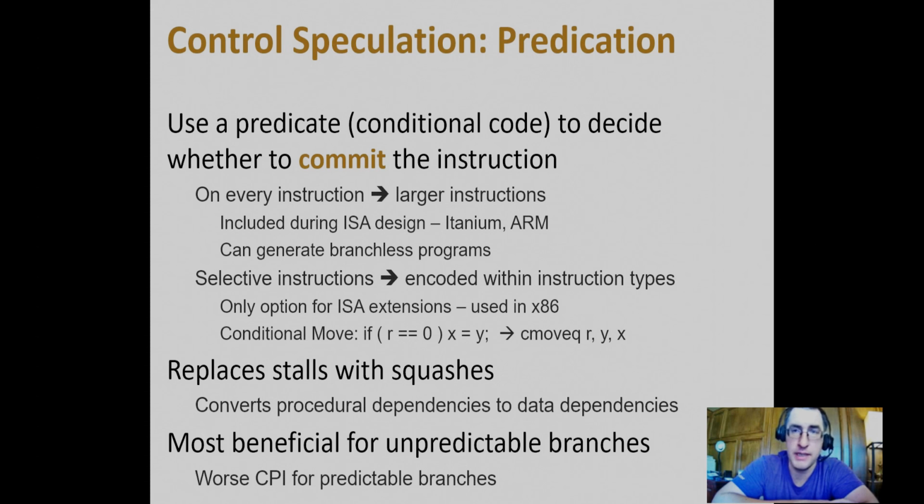In general, the performance ended up being not that great for the cost you end up having to pay, which is fetching all instructions and executing them, regardless of whether you want to keep the result or not. You end up wasting a lot of work because you end up discarding what you do. So that's predication in a nutshell.